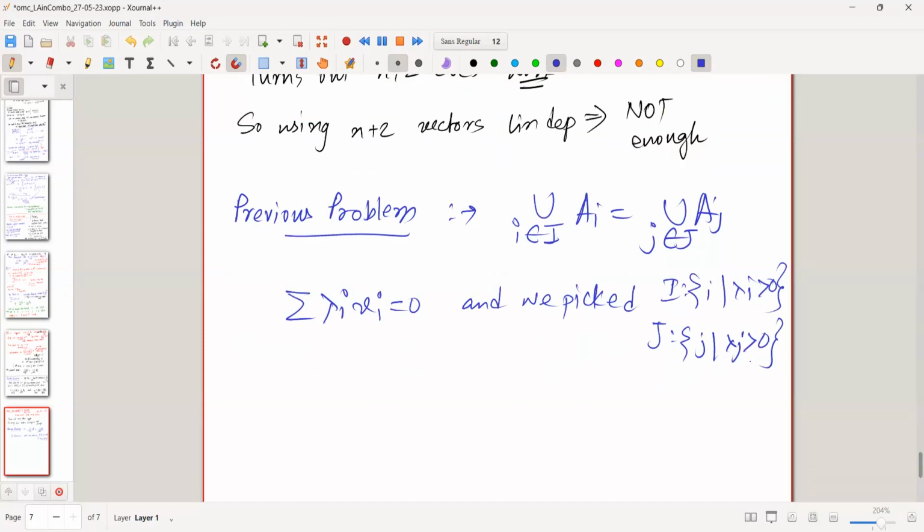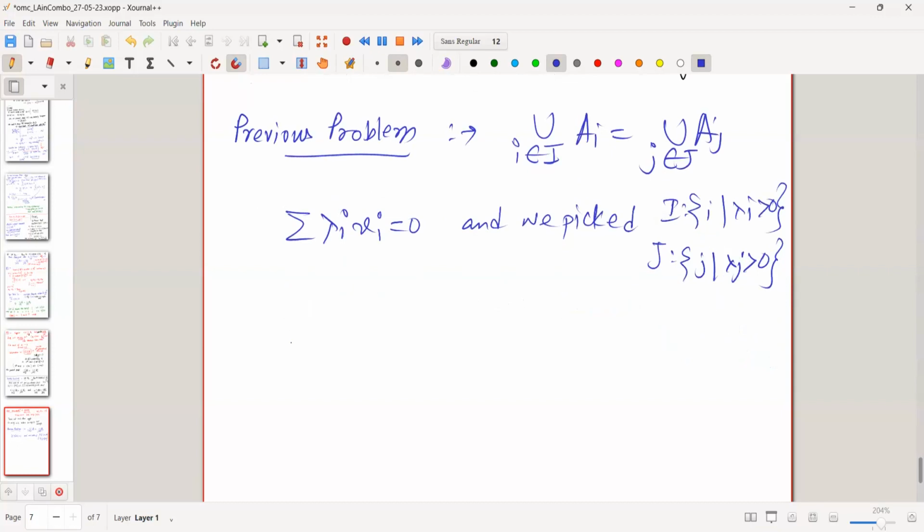Think about it like this. First of all, linear dependence alone is not enough. You need some other condition, otherwise the problem would have held for n plus 1 as well. You need another equation of sorts to distinguish n plus 1 from n plus 2, right? So I also need the intersection.